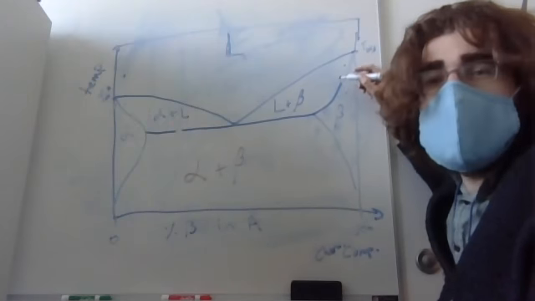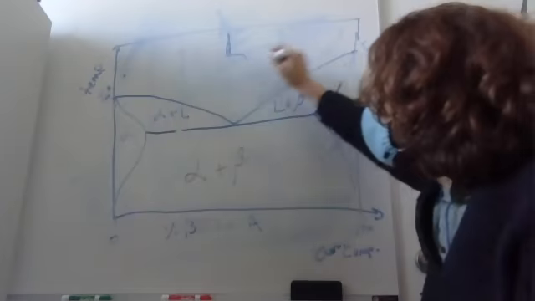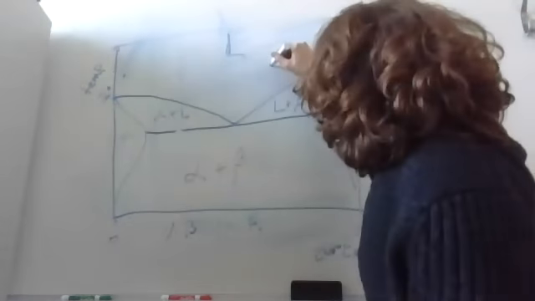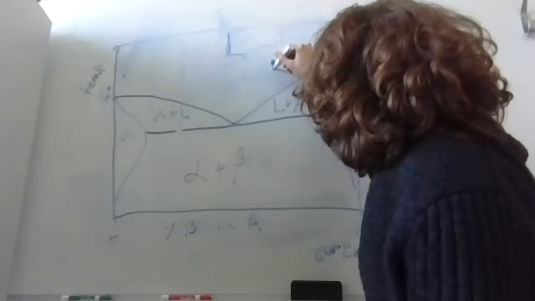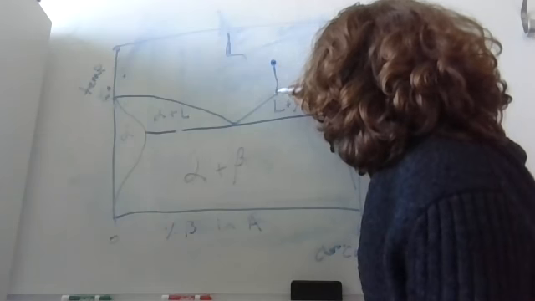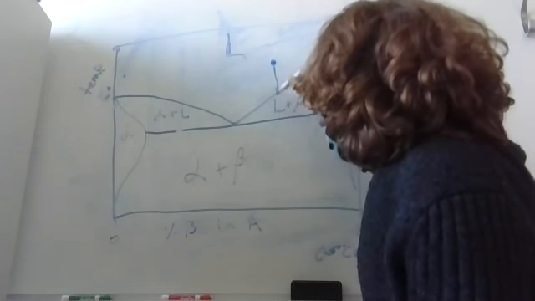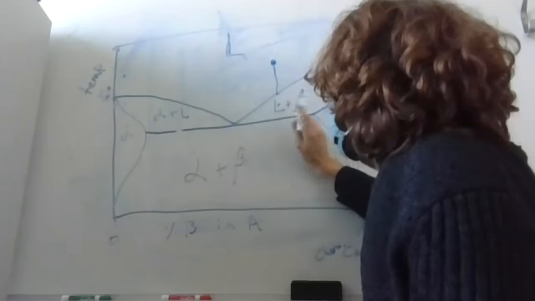So what this says is, if we pick a point here, we start to solidify, and we have a liquid plus beta phase.